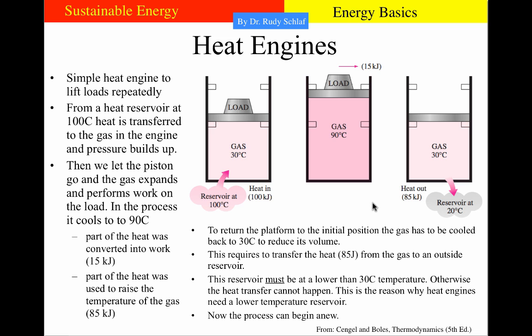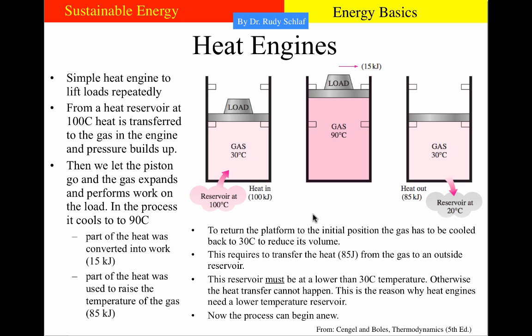So in this very inefficient engine, we only converted 15% of the energy that we put in from the high temperature reservoir into mechanical work, and 85% went as low grade heat into the low temperature reservoir. This is the working principle of practically all heat-based engines that we are using.